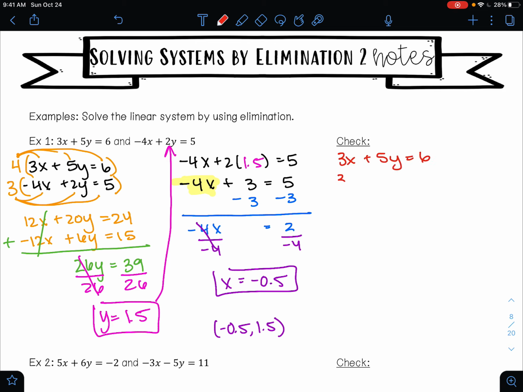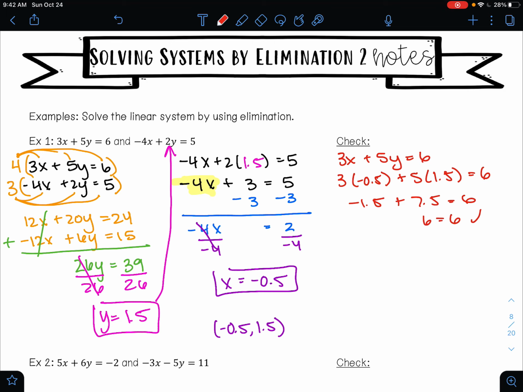So we found that x was negative 0.5 and y was 1.5. So 3 times negative 0.5 is negative 1.5. And 5 times 1.5 is 7.5. Negative 1.5 plus 7.5 is 6. Does 6 equal 6? Yes, it does.